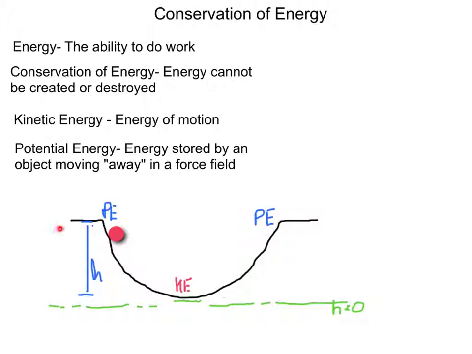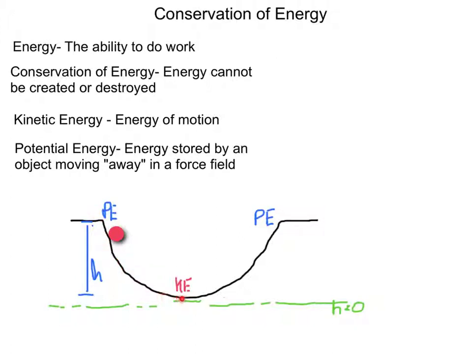So here's a quick little demo with just kinetic energy and gravitational potential energy. Just a little picture. I have a nice little U-shaped hill here, a half pipe if you will, and a ball in that. And at the very top, some height h, this ball, whenever released, has all potential energy, all gravitational potential energy.